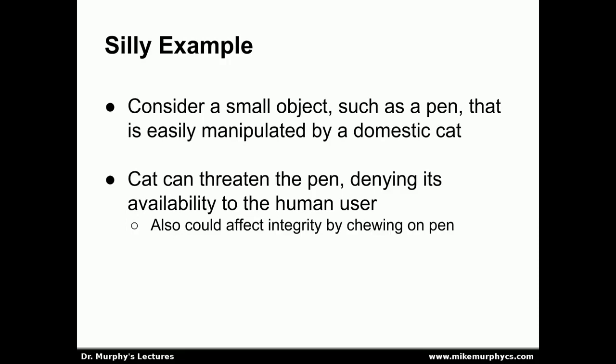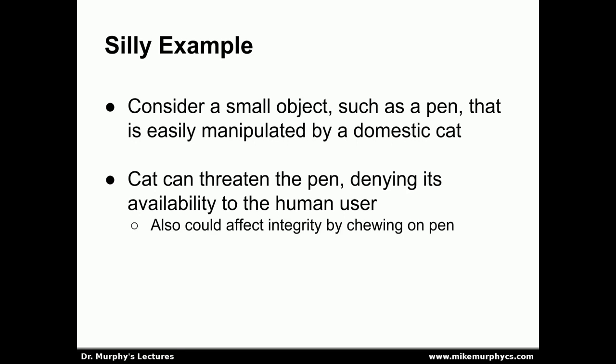So in this silly example, I have a small object, specifically a pen, and my cat has this tendency of taking small objects like pens and kicking them off tables and turning them into toys, and sometimes kicking them under the refrigerator or under the stove. And when he does this, of course, with a small object, I have to go and find the object in order to restore its availability to me.